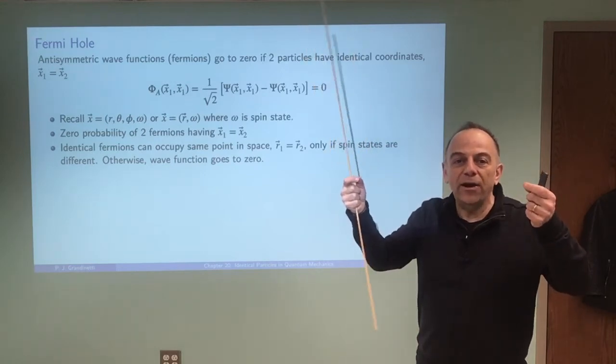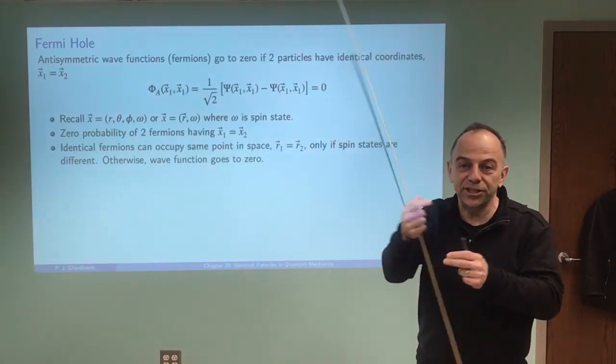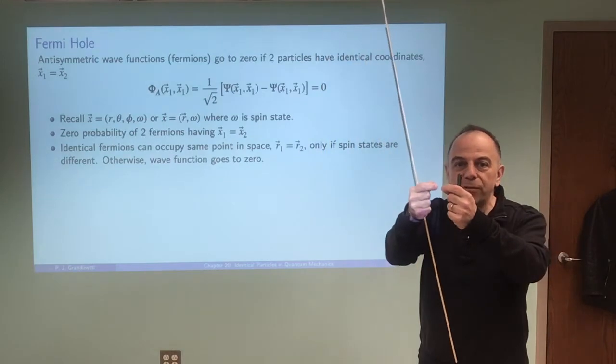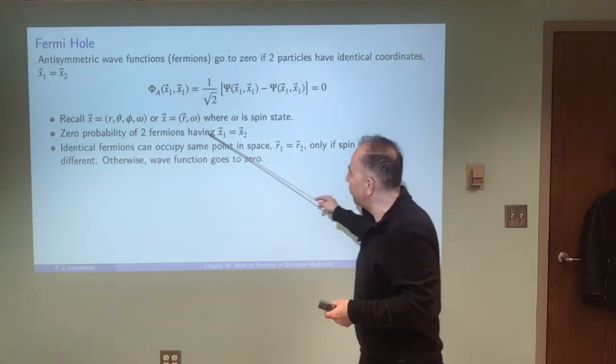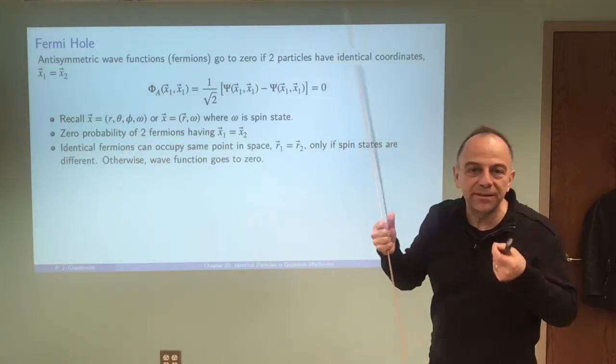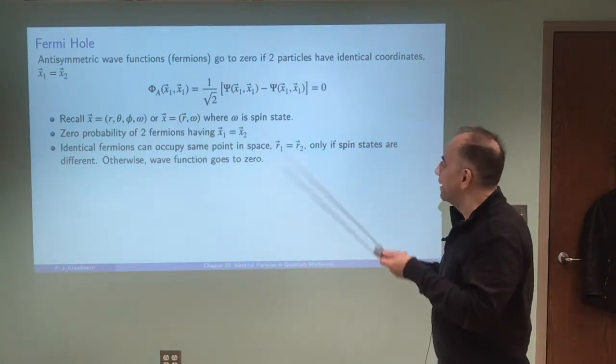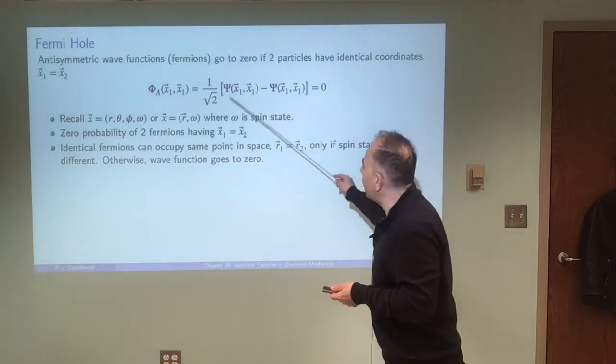Where we talk about wave functions having a node where the probability goes to 0, the probability will go to 0 whenever these two particles show up at the same point in space with exactly the same spin state. That is what's called a Fermi hole.